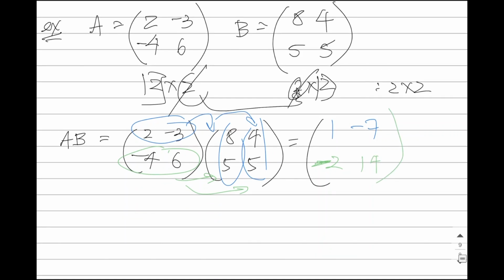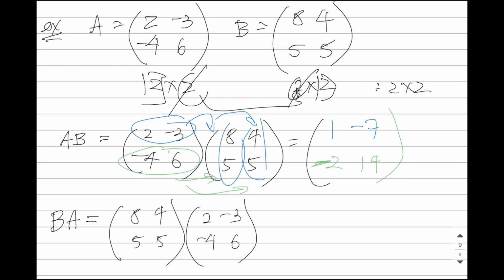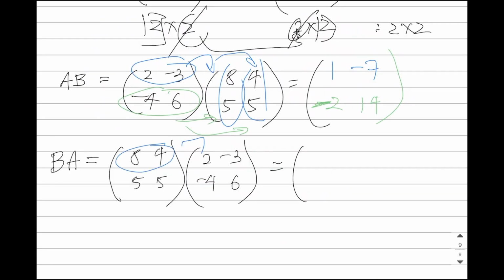Just for fun, and because I know you're all very curious people, what would happen if I switch the order around? You say nothing. When I multiply two numbers, the order doesn't matter, right? 5 times 3 is the same as 3 times 5. Unfortunately, matrices are not numbers. Switch them around. Top row times the first column. So I'll get 8 times 2 is 16 minus 4 times 4.